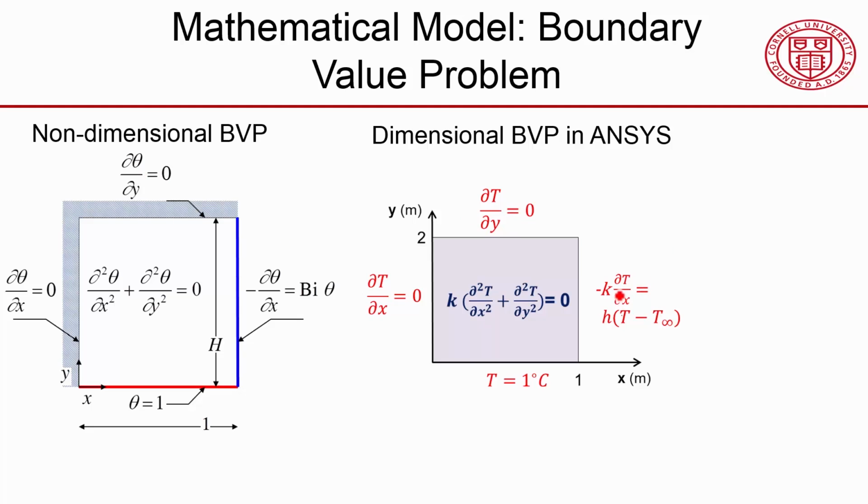Now this boundary condition is a little bit more tricky. So I will set k equal to 1 watt per meter per degree Celsius. Then the left-hand side here looks like that.